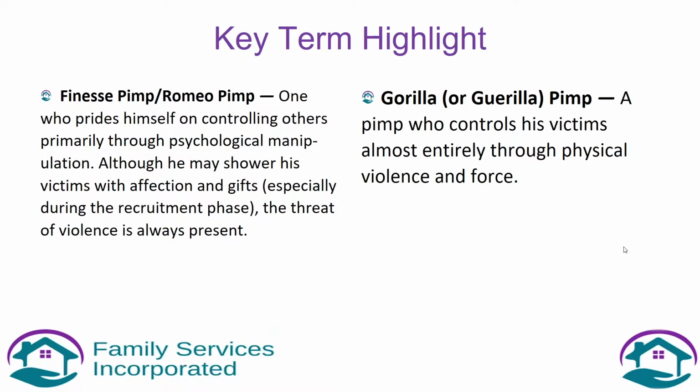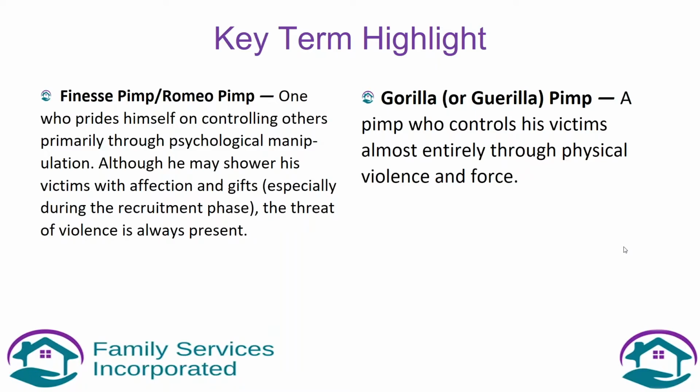Once the trafficker has lured this victim in with the promises of love and affection and gifts, and making them feel like they're the only person in the world, that they truthfully have a relationship, well, now they can control them with that psychological manipulation and with the threat of violence and force.